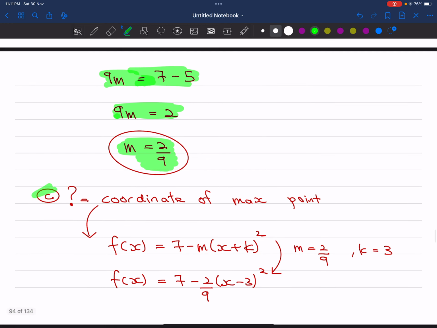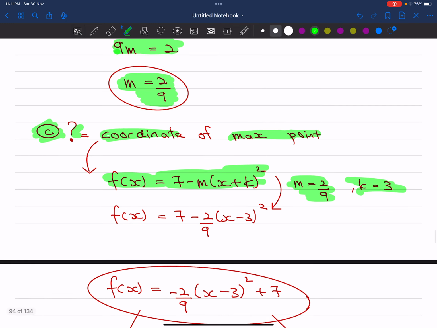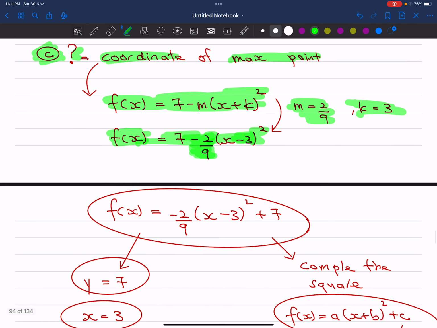And finally, part C, find the coordinates of the maximum point. Again, I go back to the function that was given. m is 2 over 9, we already got. And then k was negative 3, substitute. So now, our f(x) is 7 minus 2 over 9 times (x minus 3) squared. Again, I exchange places.